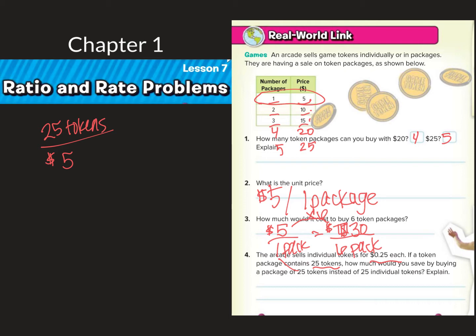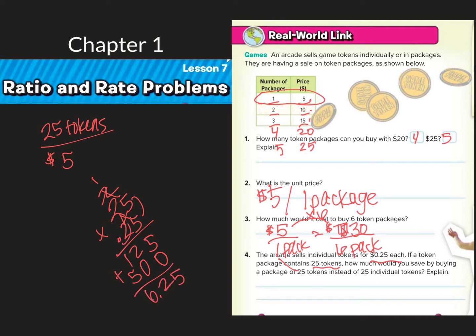Our next option would be if we had to pay 25 times 25 cents. 5 times 2 is 10, plus 2 more is 12. 2 times 5 is 10, 4, 5. 5, 2, 6. Then we bring it back 2.